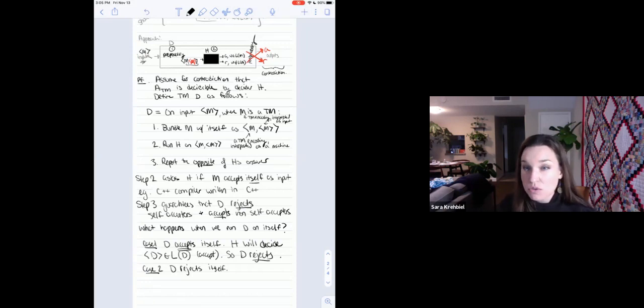So it makes no logical sense. There's no logical way that this Turing machine that we've just built can accept itself. Because if it accepts itself, then H is going to accept the bundle, because that's how H is set up.